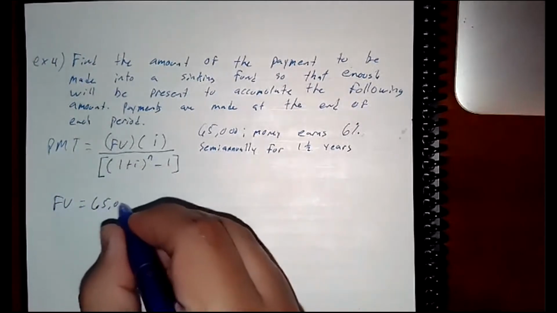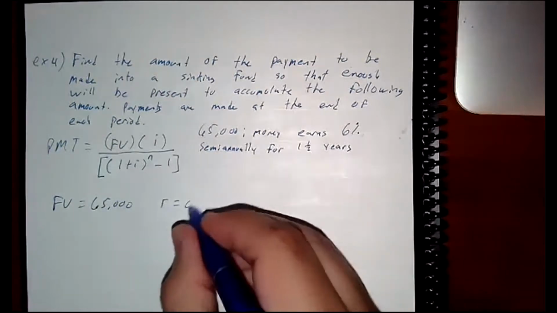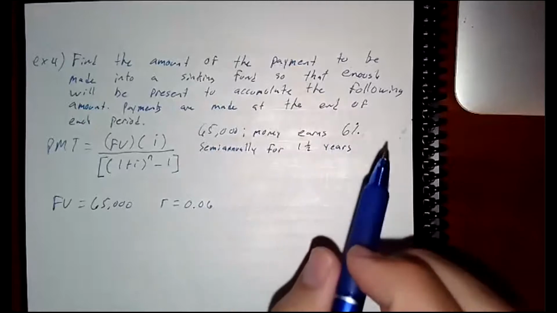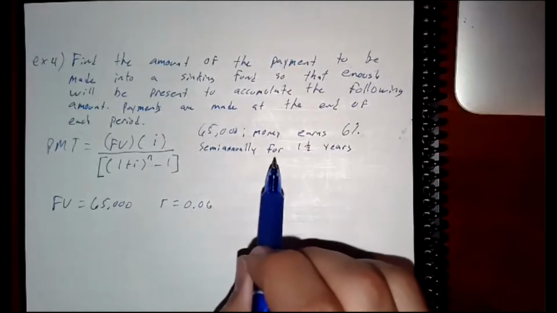They're trying to save up to that using a sinking fund. The rate is 0.06. Semiannually tells us that that is our compounding.